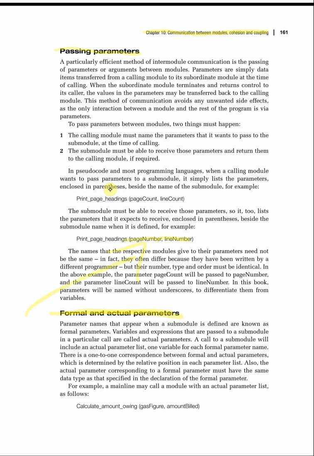That's page number and line number. And again, are they referring to the same data? Kinda. Page number and line number are referring to copies of the data that comes from our calling module up here in our mainline algorithm.